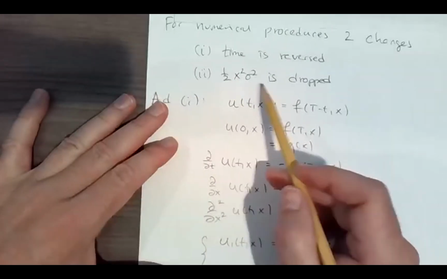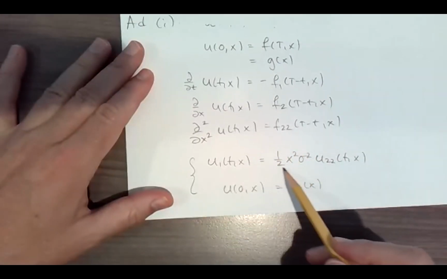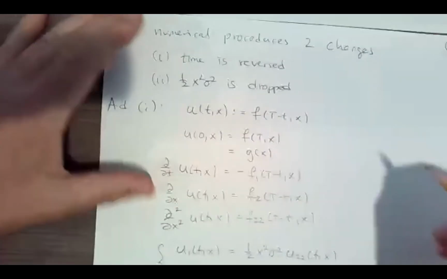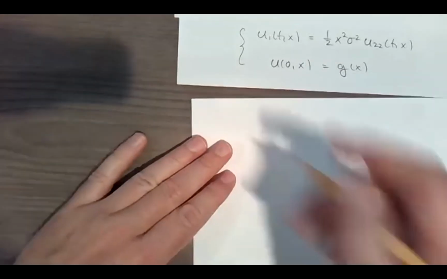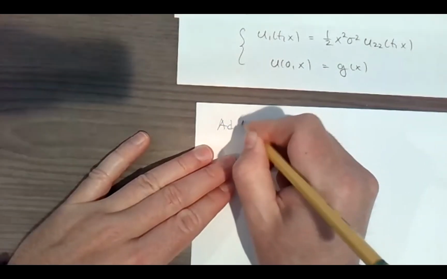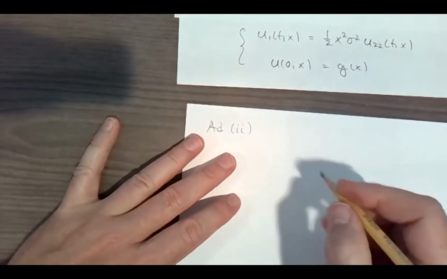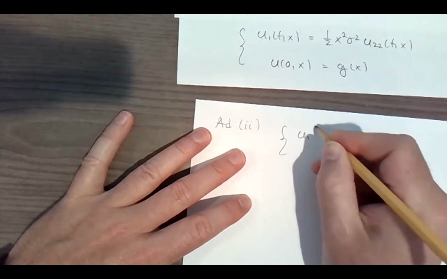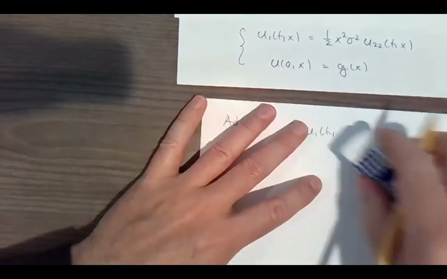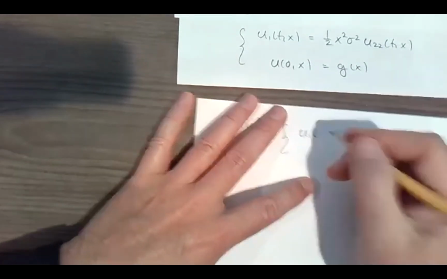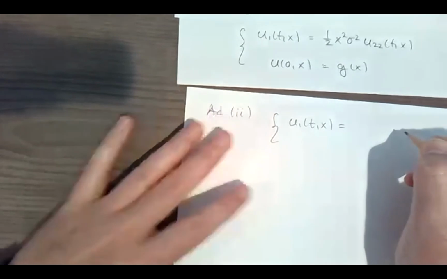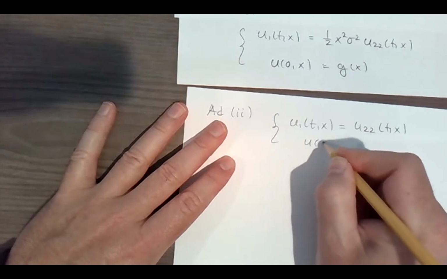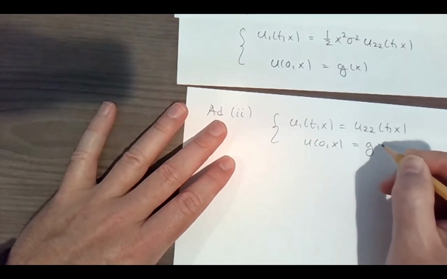Often this term here is dropped. So you just have, so that was change 1, so for change 2, that means that you're really looking at u1(t,x) being just u22(t,x), and then u(0,x) is equal to g of x.